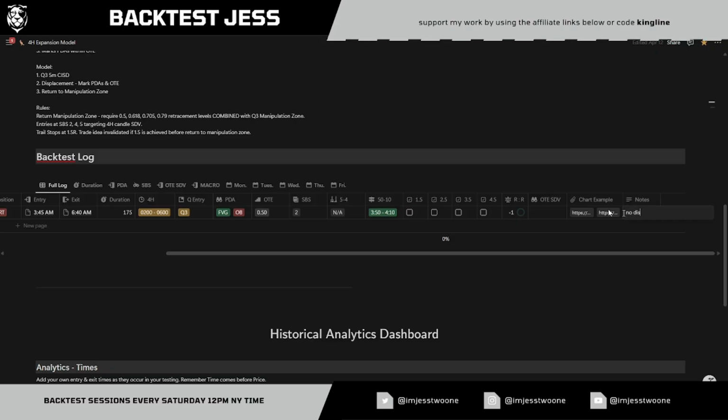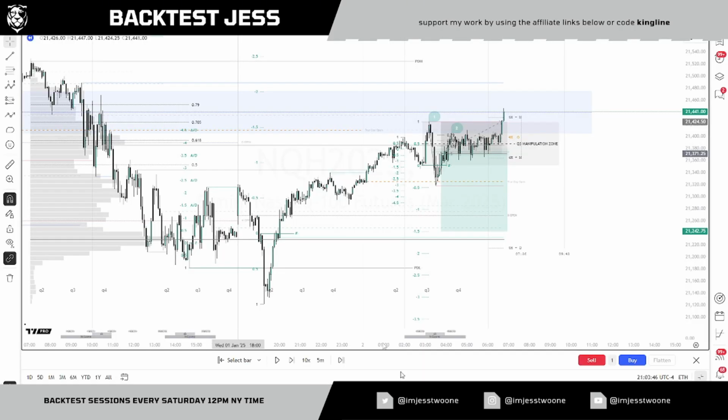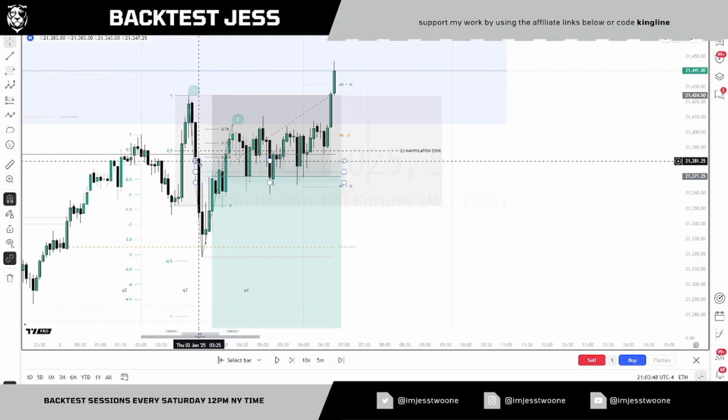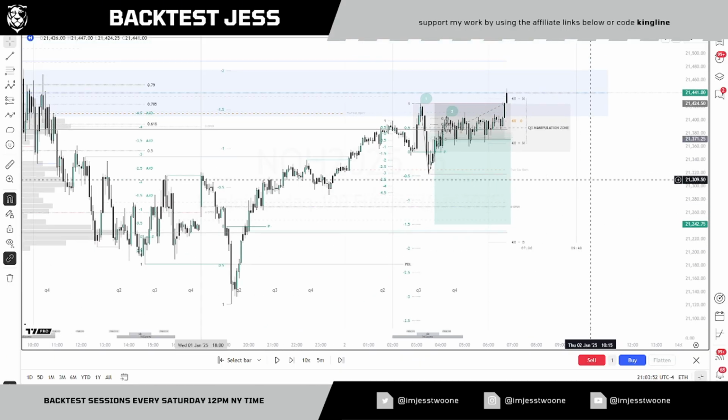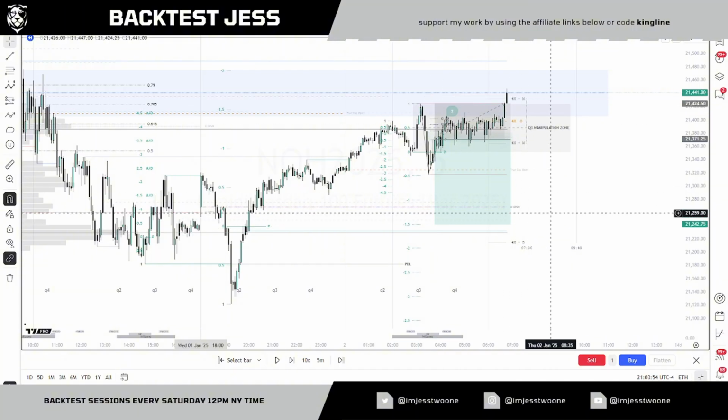And again, okay, Adrian replied. 1 second. Okay, great. And he confirmed that the displacement is correct here, or we did see this correctly with the displacement being inside the zone. So this fair value gap that we saw right here, this is enough displacement. It doesn't need to be outside of the zone. So we're good. This is a solid rep here.